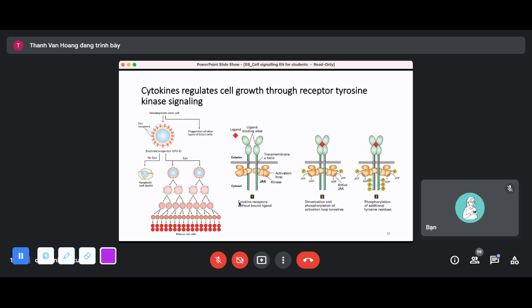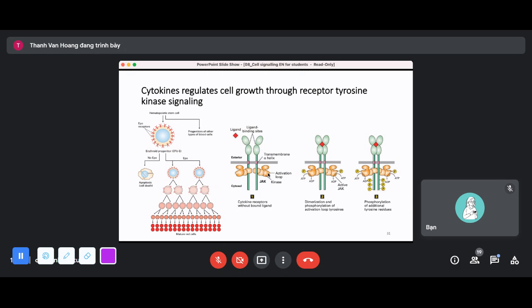And how does erythropoietin work? It acts through the JAK-STAT signaling pathway. Here again, when it binds to its receptor on the membrane, the two receptors can assemble together to activate each other in the cytoplasmic domain. Here you can see an enzyme called JAK.